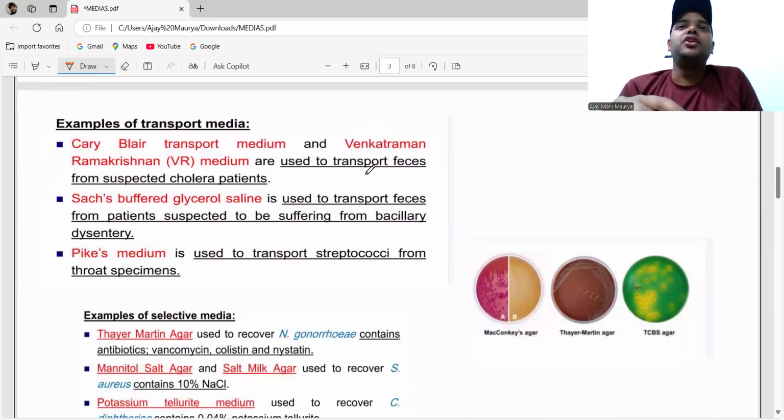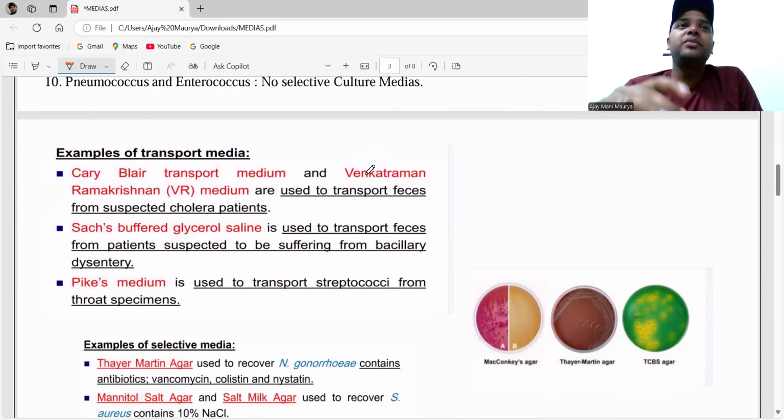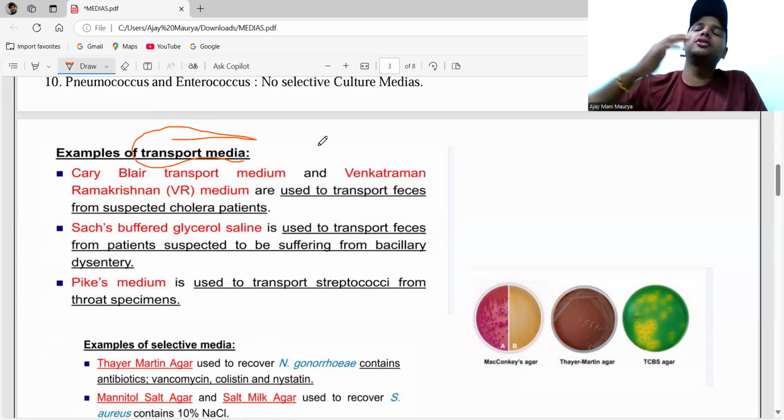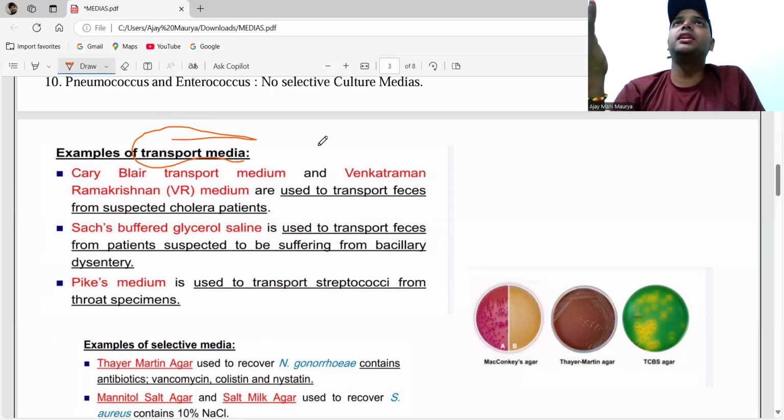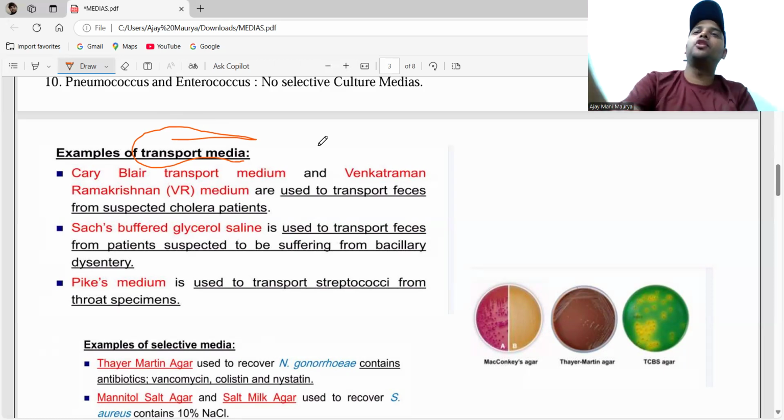Remember here, guys, you need to remember some transport media. Suppose you are posted in other villages and your lab is very far. If you want to take the blood or the feces to the lab, it's going to be a lengthy process.